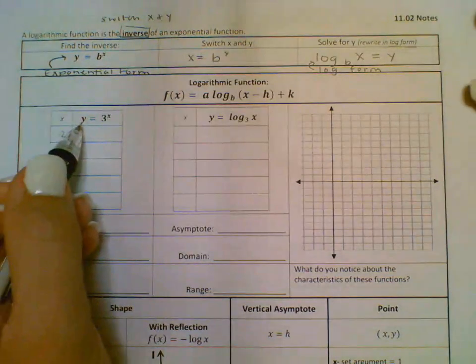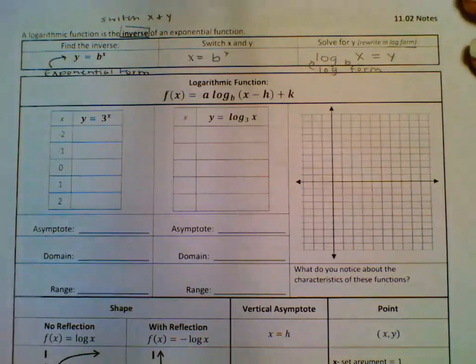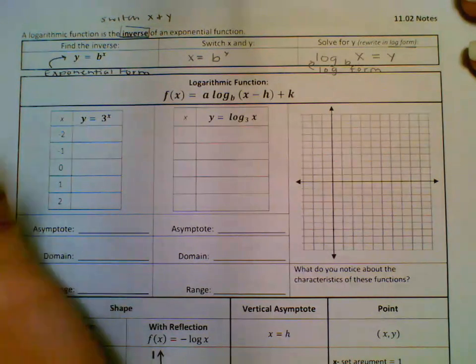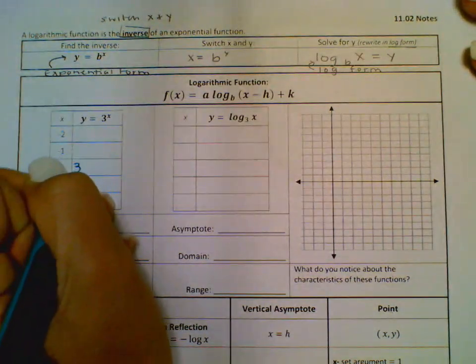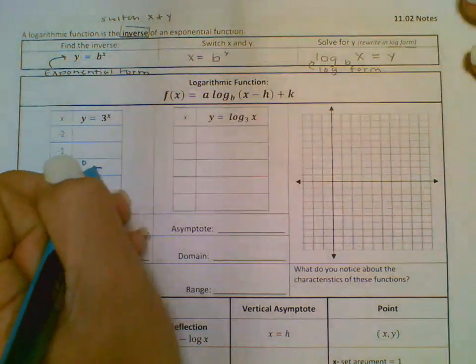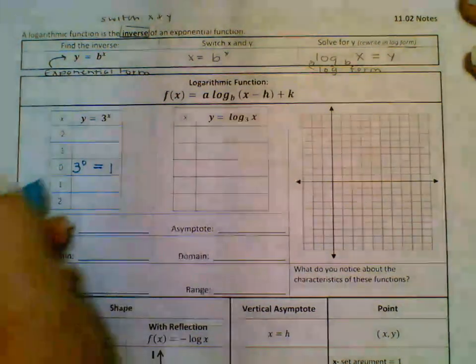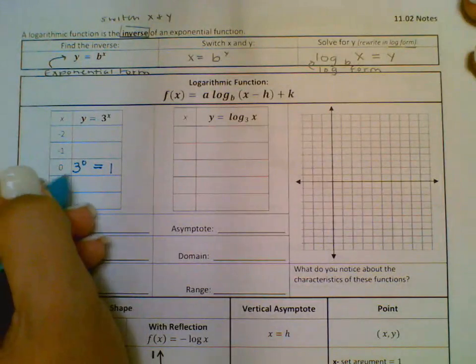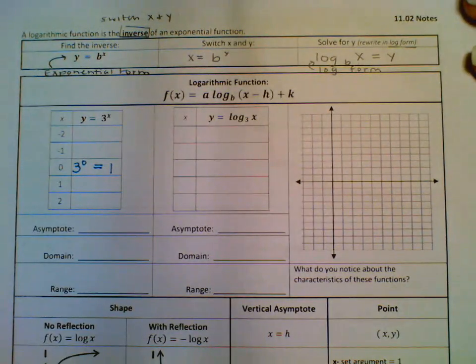To start, I'm going to graph y equals 3 to the x power. I'm going to start with y equals 3 to the 0 power, because anytime you raise an exponent to the 0 power, you're always going to get 1. So (0, 1) is the first point on our graph.